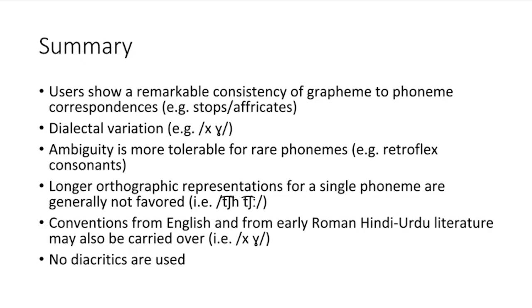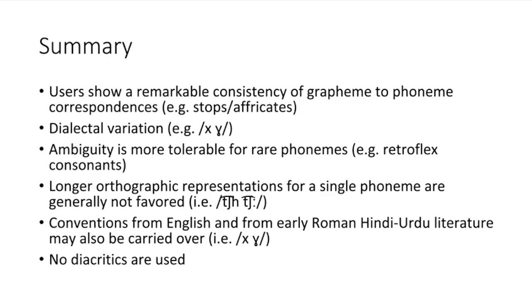We also see dialectal variation represented throughout the data. We see that with the rarer phonemes and longer orthographic representations, we can see more ambiguity. I didn't talk about the last two too much, but there is some influence of the early Roman Hindi-Urdu work, even though, as I said, there have been a lot of changes too. And also, no diacritics are used.